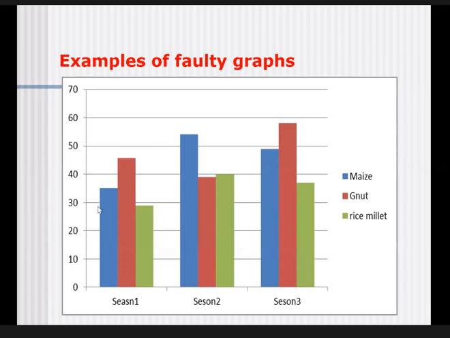That is how you have arranged your data set. So it doesn't mean that in season 2, the highest will be groundnuts. For example, here it is maize, but you are following the order you created for the first season.